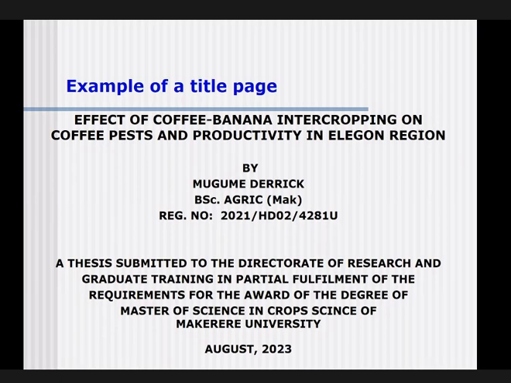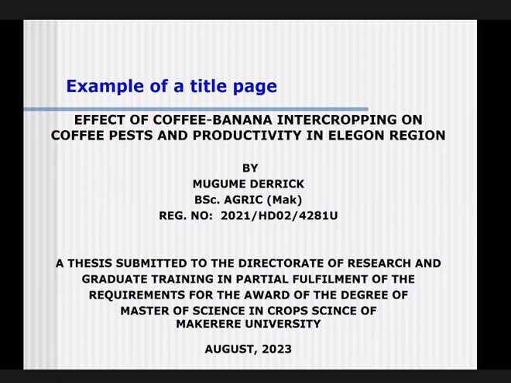So each college has a code, and 02 stands for our college code, and HD is higher degree. And then the specific number, which is 4281U.